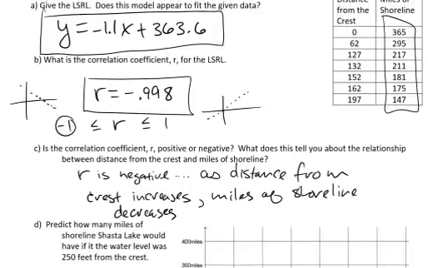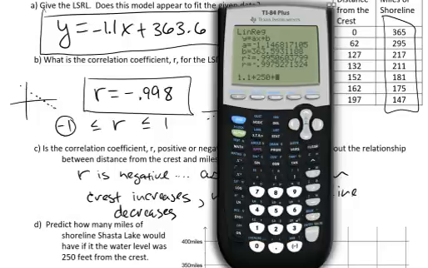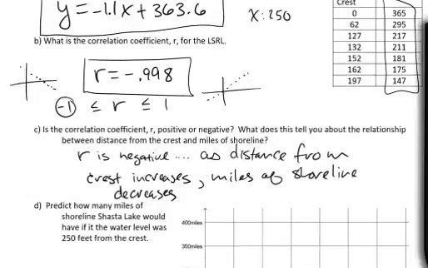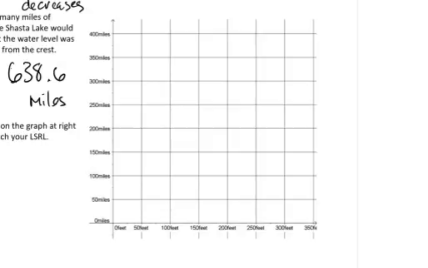I would get about 1.1 times 250, and then I'm going to add to that 363.6, and it says that it would be about 638.6 miles of shoreline.